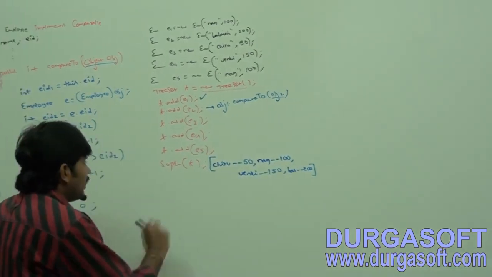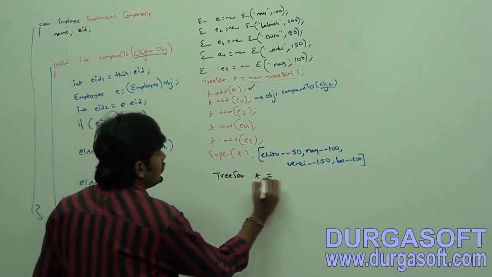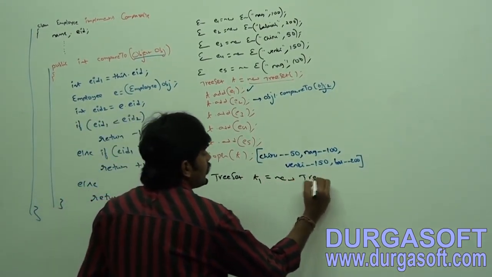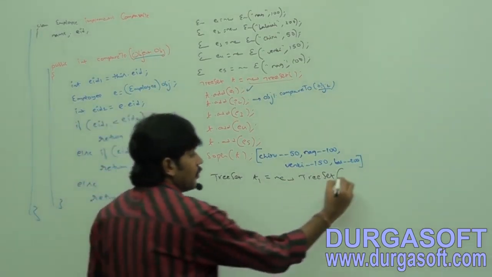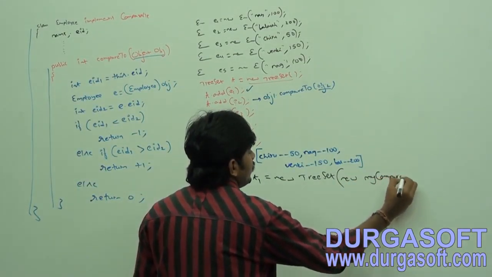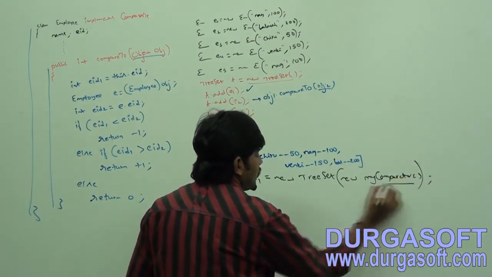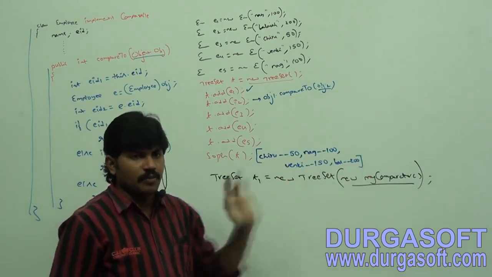If that is the case, how to create the TreeSet object? TreeSet t1 is equal to new TreeSet of new MyComparator. You are passing a comparator, so your own compare method will be called.